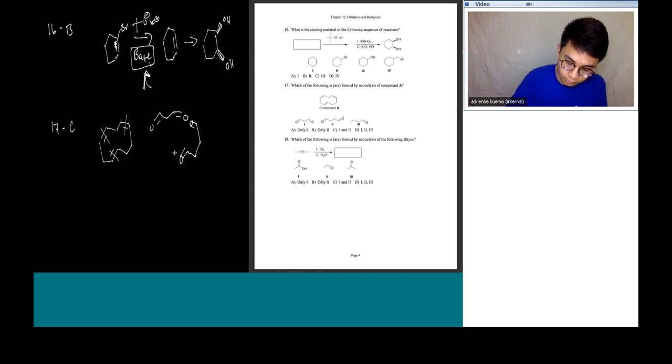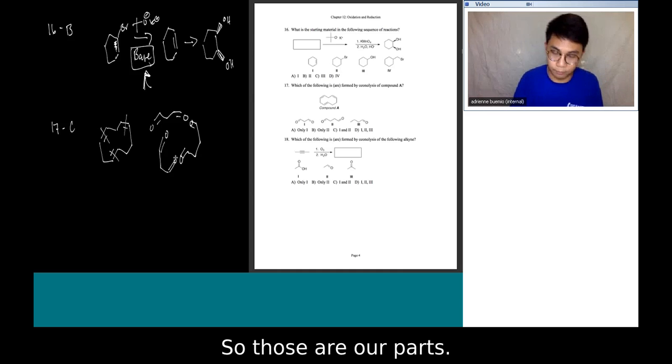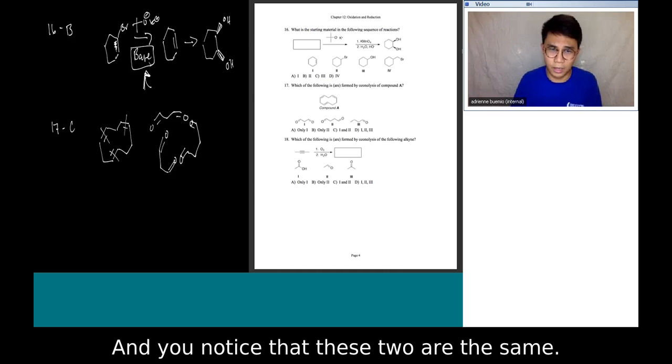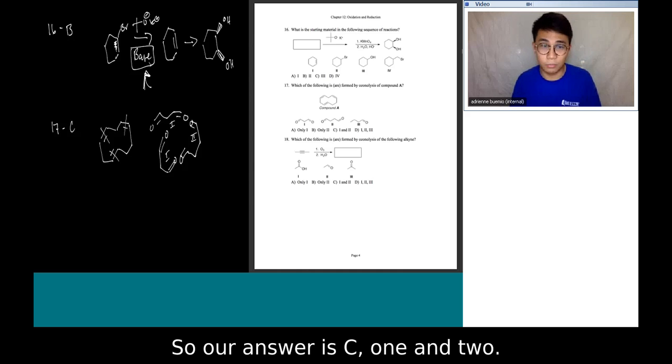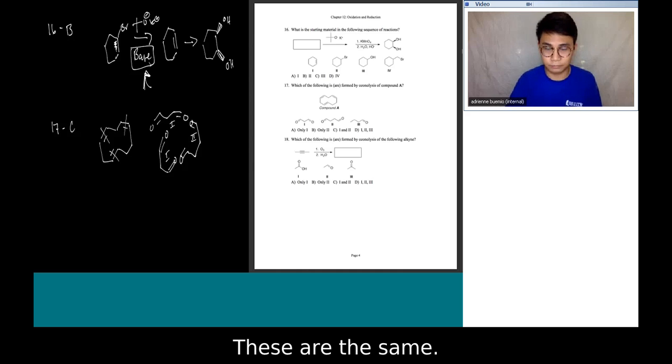And then, okay. So, right, those are our parts. And you notice that these two are the same. This is actually choice one, and this one is the second one, right? So our answer is C, 1 and 2. These are the same, so nothing too crazy.